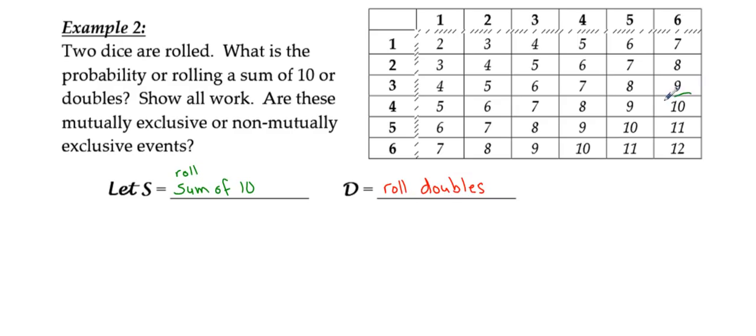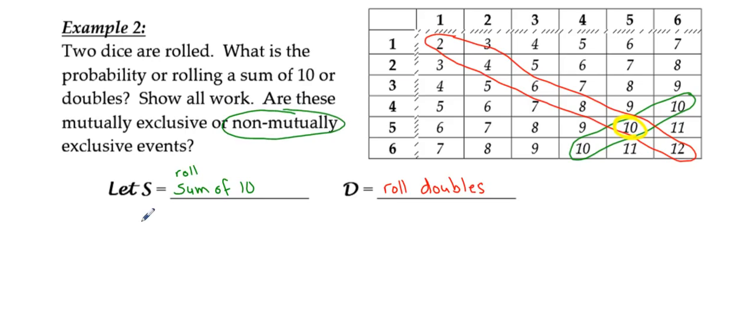So right here are the outcomes of rolling a 10, and along this diagonal are the outcomes for the doubles. So 2 1s, 2 2s, 2 3s, 2 4s, 2 5s, or 2 6s. And you can see right here we've got some overlap. So that means these are non-mutually exclusive events because you have overlap.